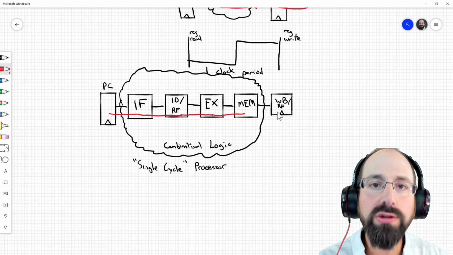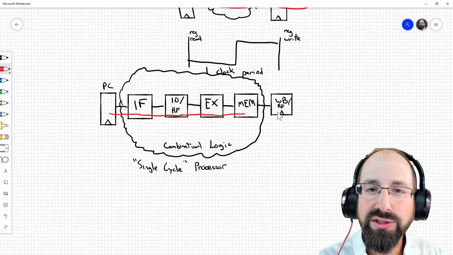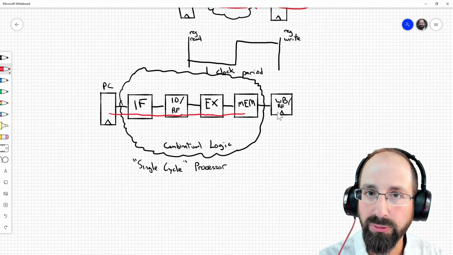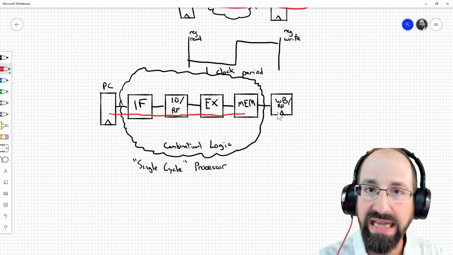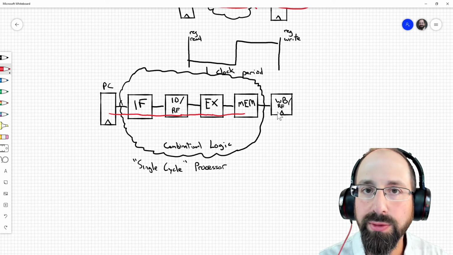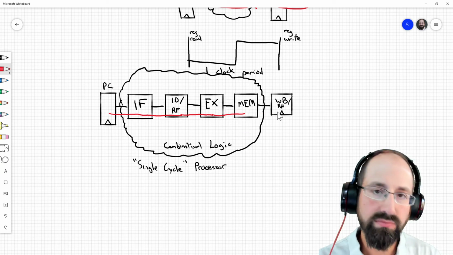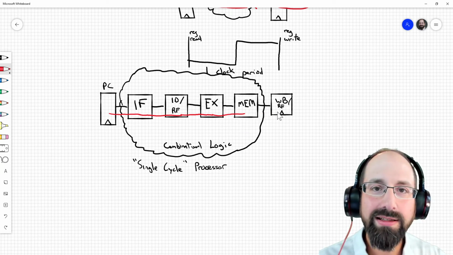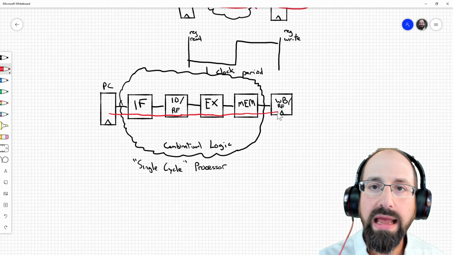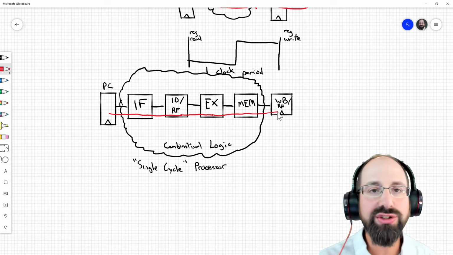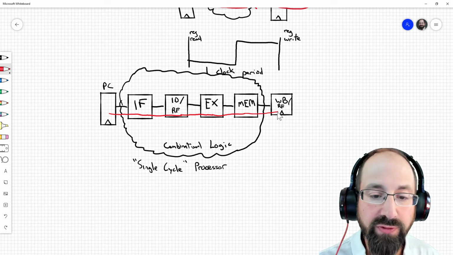But for our loads and stores we're required to. Stores are done when they get to this point because we're writing a result back to the data memory and then we're done. But it's our load instruction that actually has to go the rest of the way through, and finally load the result from memory and write the result back into our register file at the end.